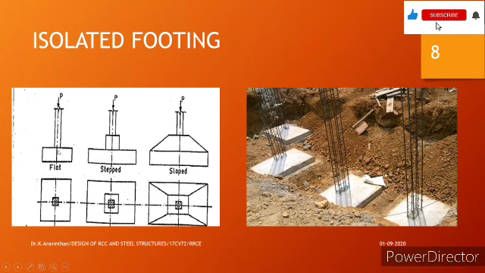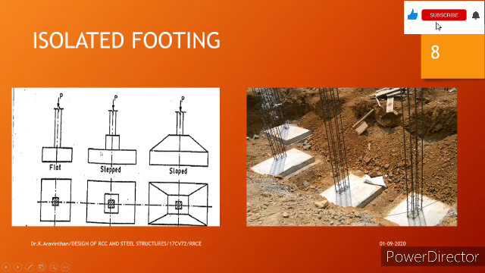From the column, the direct footing is shown here, that is a flat type. What do you mean by stepped? If the load is higher, then the load cannot be distributed from the higher end to the lower end suddenly, so you might require some area in between in the footing, known as a pedestal, in order to distribute the load evenly.